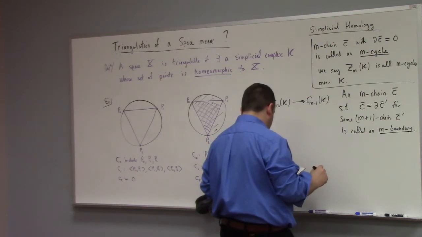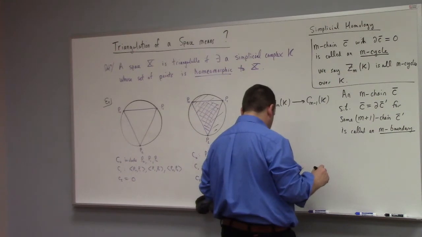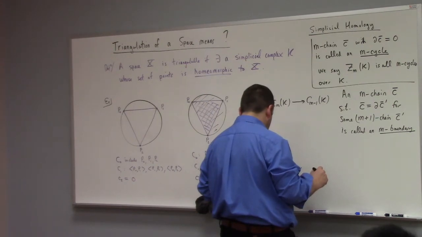And the set of all M boundaries is denoted B_M(K).